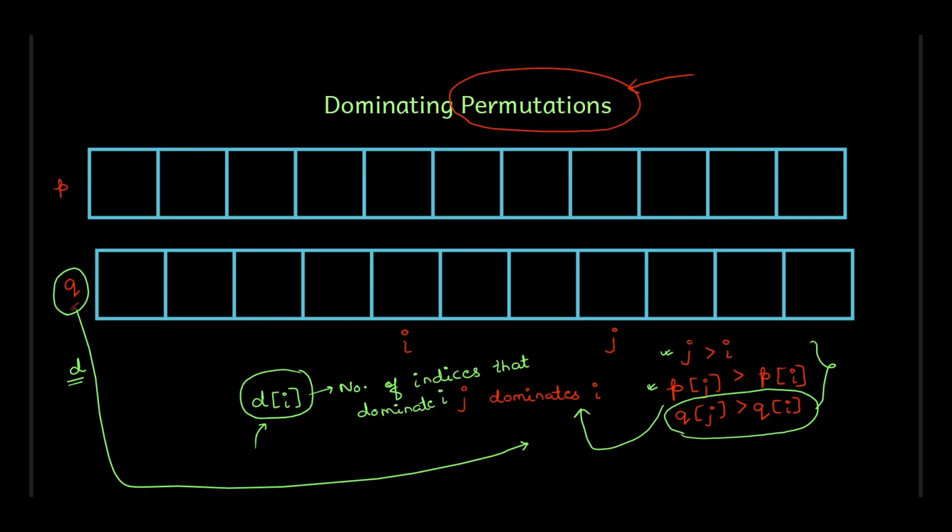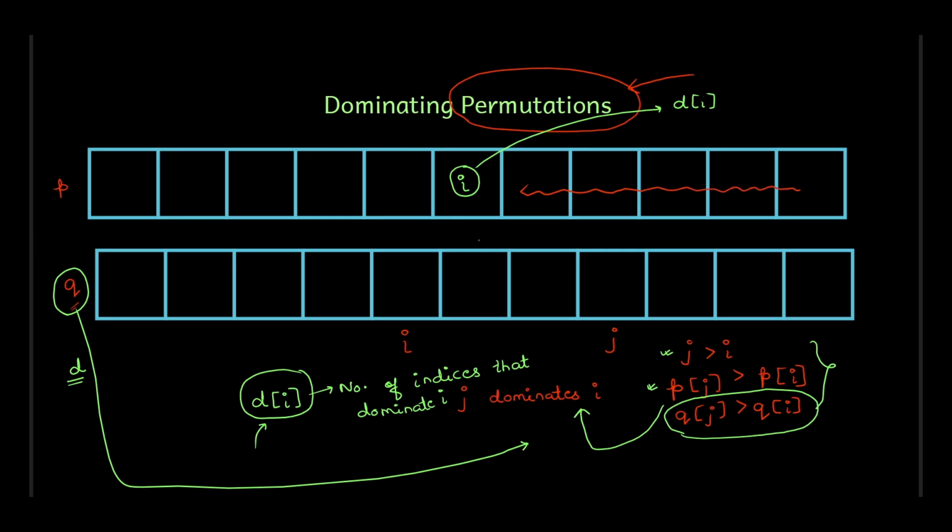So how do you solve this problem? Now, to solve this problem, notice that for any index I, you are looking at how many indices can dominate it, and that value should be equal to D of I. But notice that anything that can dominate the ith element has to be towards the right of the ith element.